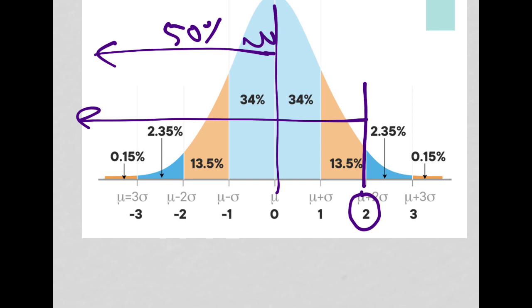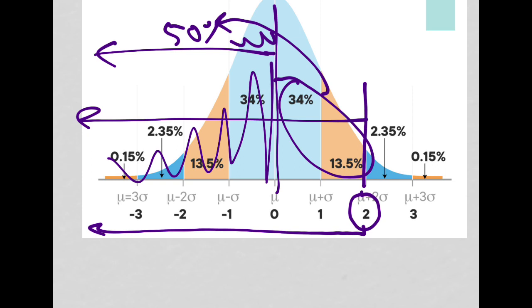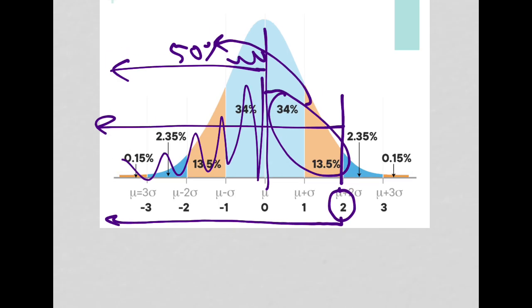So we expect 50% of the data to be over here. So I can then just add up these onto my 50%, and that'll tell me approximately what percent of data I expect to lie below 2 standard deviations from the mean. So it's just a little bit quicker than having to break down the percentages each time.